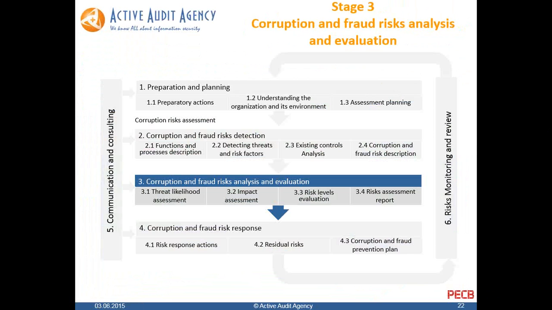When we describe all our corruption and fraud risks, we can analyze and evaluate them in stage 3, which includes threat likelihood assessment, impact assessment, risk level evaluation, and risk assessment report.